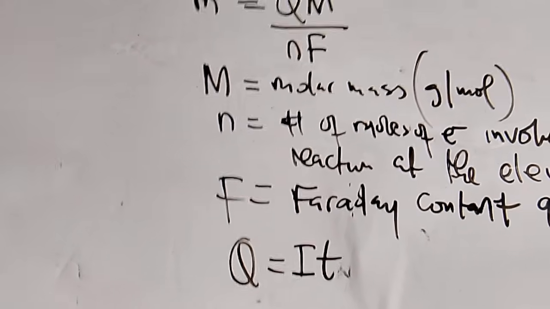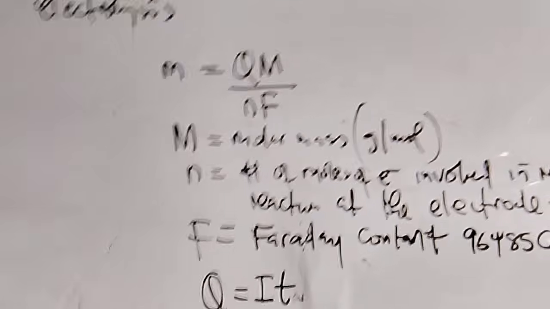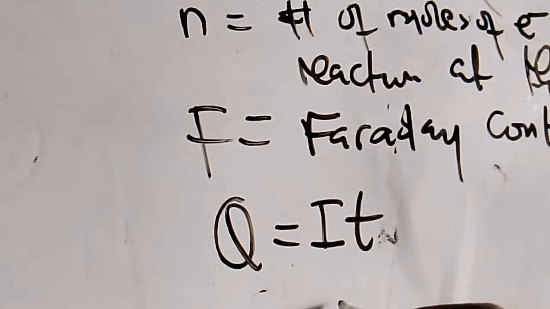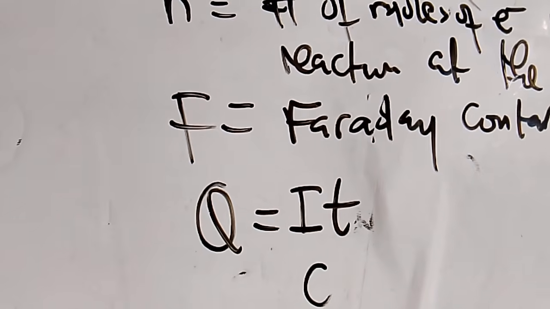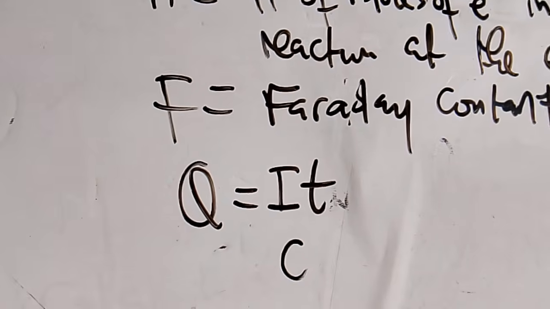Using this formula, we can find the mass deposited at the cathode. The time should be in seconds.